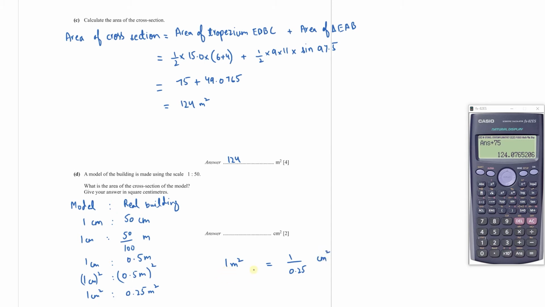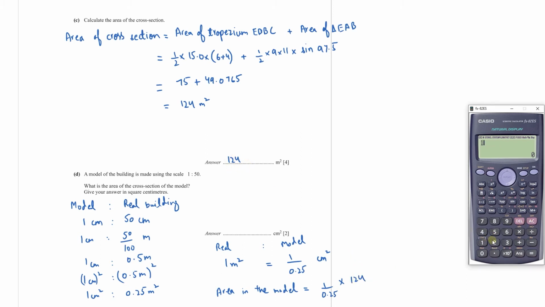So 1 meter square in the real building and then the model here. You can use equal sign or ratio sign, either is fine. So 1 meter square is 1 over 0.25 centimeter square in the model. So how much is 124? So area in the model will be equal to 1 over 0.25 multiplied by what your actual area is, 124.